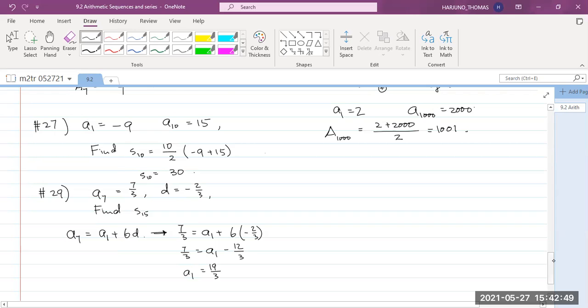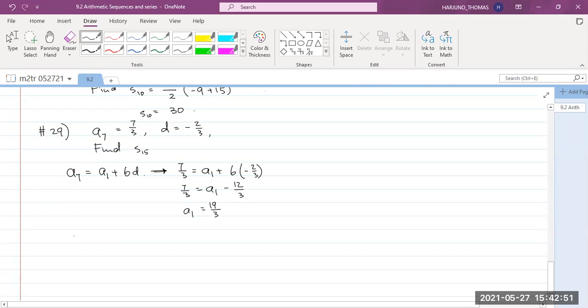How about the 15th term? You can find the general term first, which most students tend to do. But I will say, you know what? I have the 7th term, right? How many times do I need to jump to get to the 15th term? 8 times, right? So from the 7th term, I need to jump 8 times to get the 15th term.